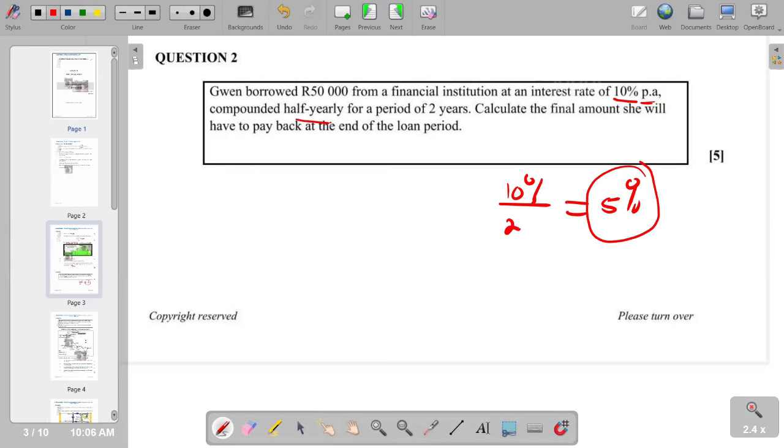We are going to start for the first period, the first half year.